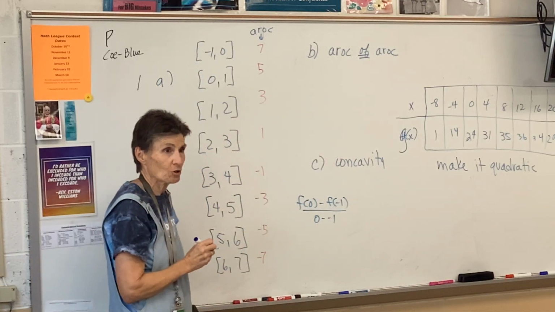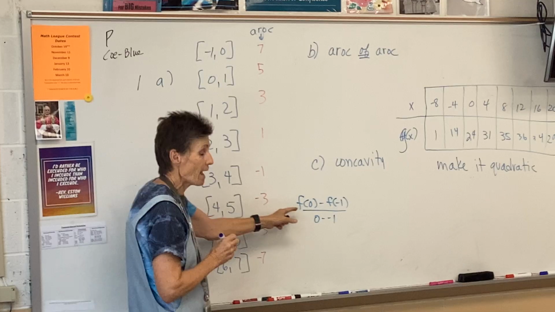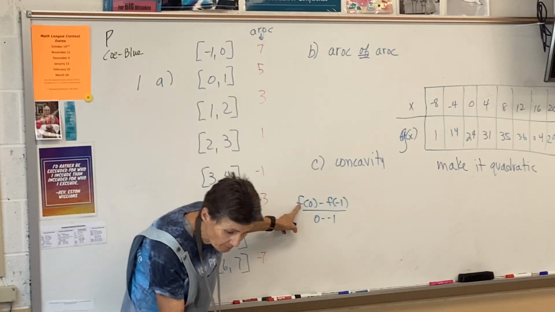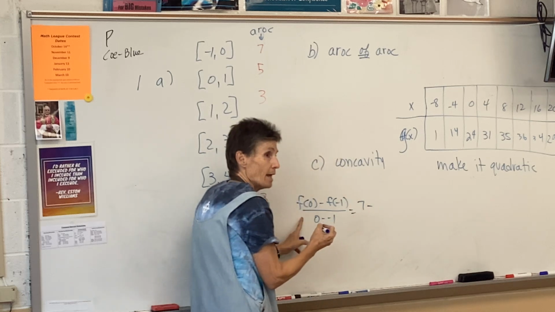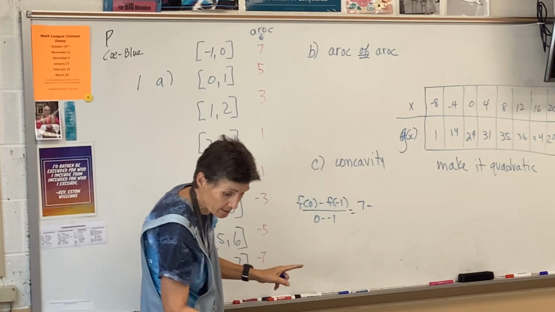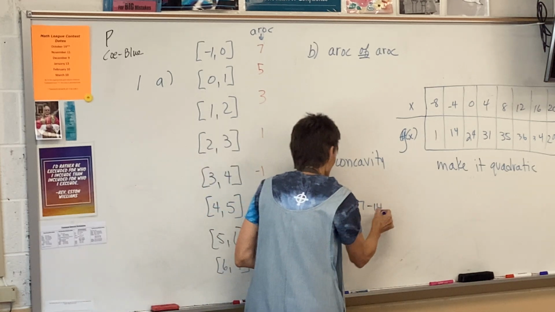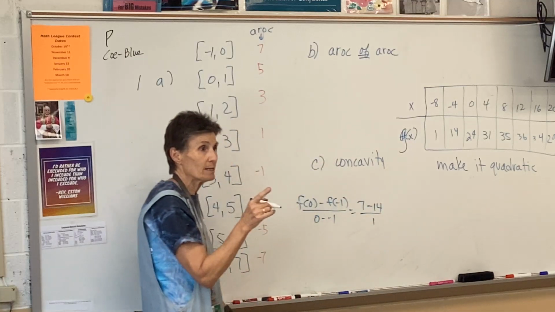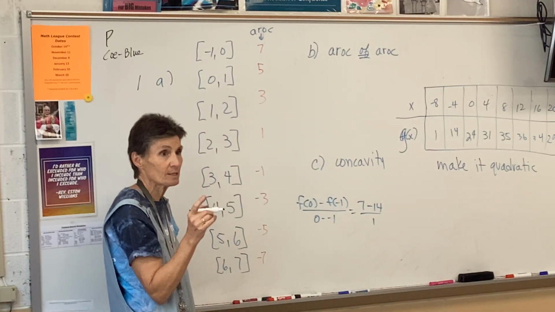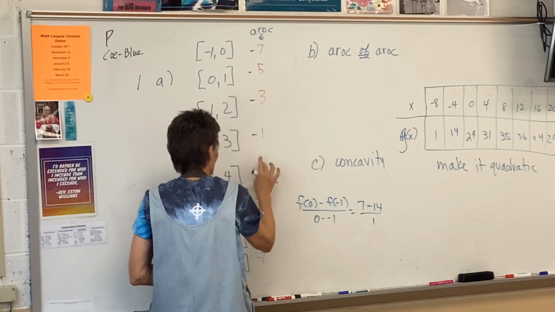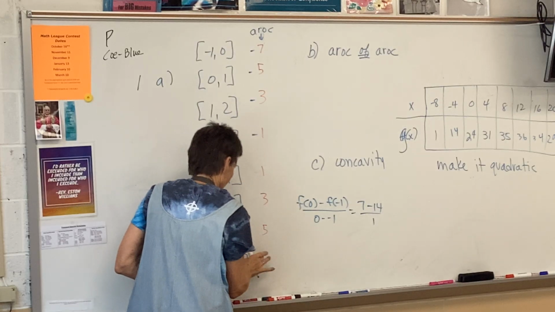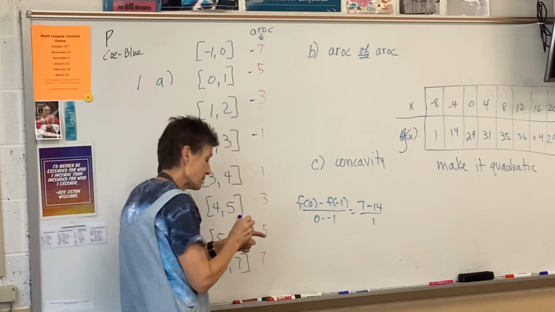So what's f of 0? f of 0 is 7, and f of -1 is 14. Does that make sense, Avery, and everybody else that maybe got it backwards? Is it okay with everybody?